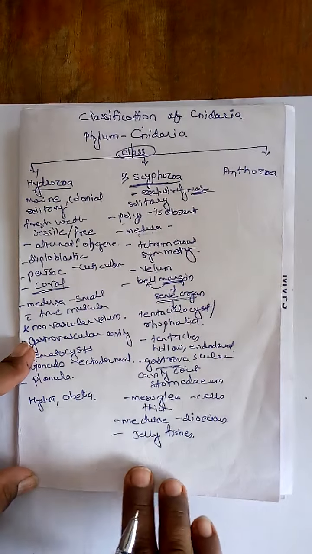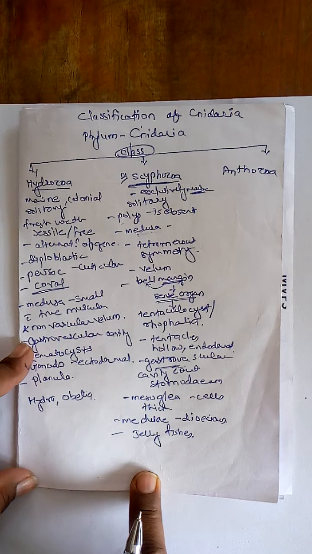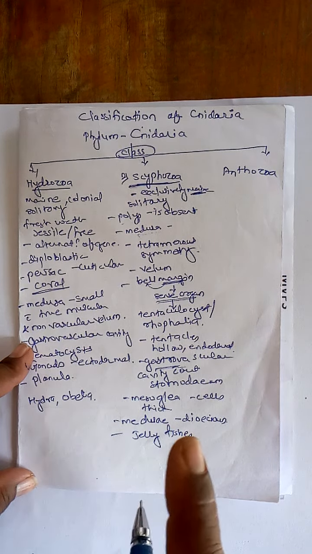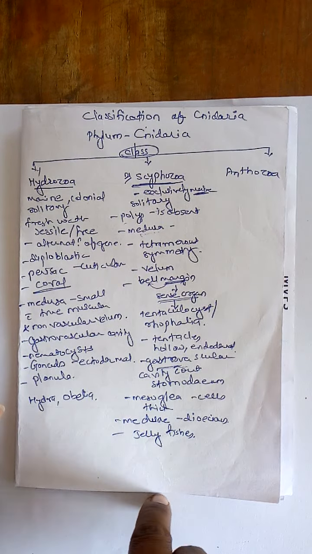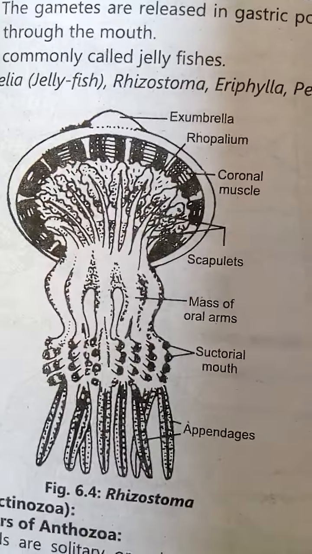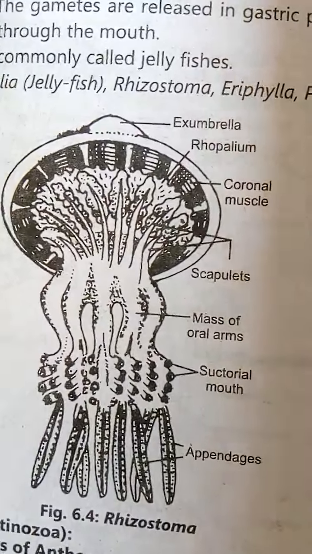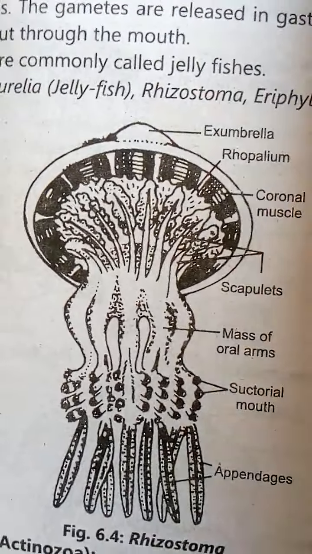There are many examples from the Scyphozoa: Aurelia, which we call a jellyfish, and Rhizostoma. These are the different examples of the class Scyphozoa.